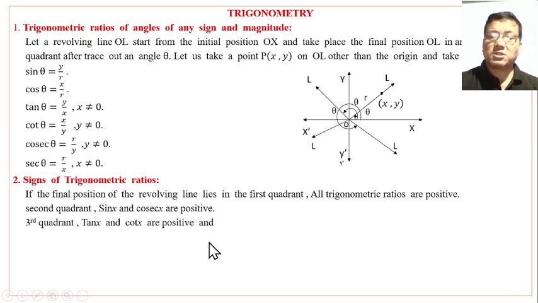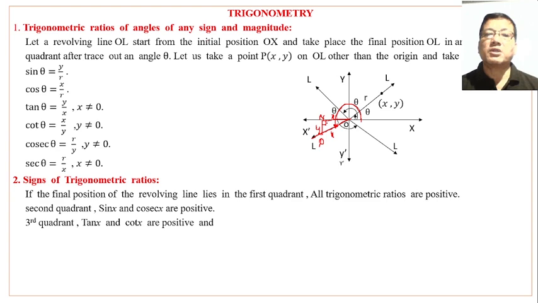Let's see the revolving line in the third quadrant, for example between 180 degrees and 270 degrees. At angle theta, at point P, we drop a perpendicular to the x axis. The x coordinate is negative, the y coordinate is negative, and r is always positive. So x and y are negative, hence y by x is positive, and x by y is positive. That is why tan x and cot x are positive in the third quadrant. The revolving line makes the same angle theta between 180 degrees and 270 degrees.